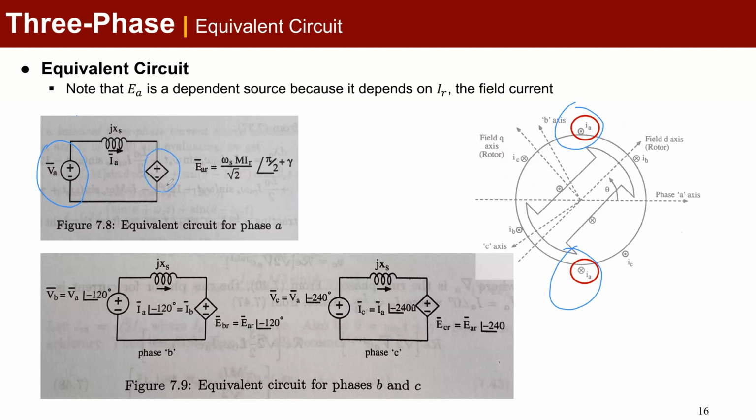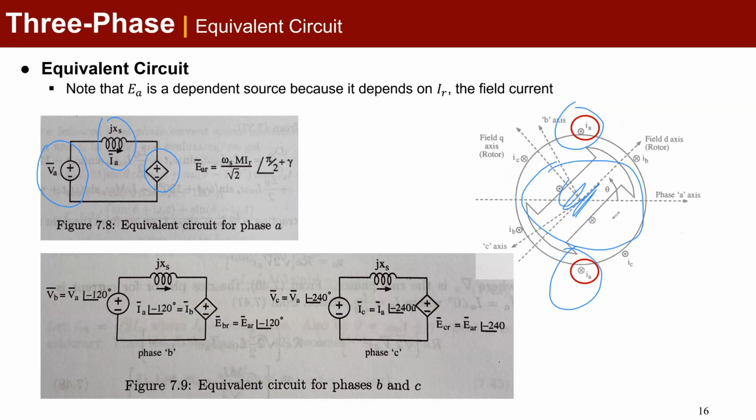EAR is going to be the voltage phasor that is proportional to the field current, or this rotor current right here. And then this is going to be some impedance that's faced in between the stator and the rotor.